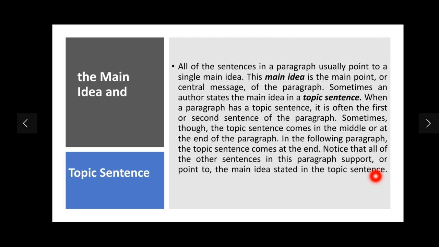One sentence will be a topic sentence where the main idea will be given, and other sentences will be supporting sentences, and these will talk about the main idea or the topic sentence. So that is the main idea and topic sentence. The main idea is usually given in a topic sentence, and a topic sentence is placed at the beginning of a paragraph, sometimes in the middle, and it can also be placed at the end of a paragraph.